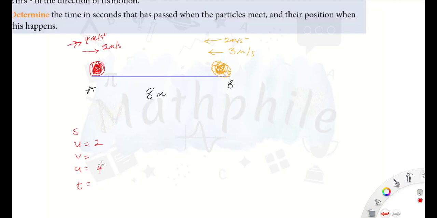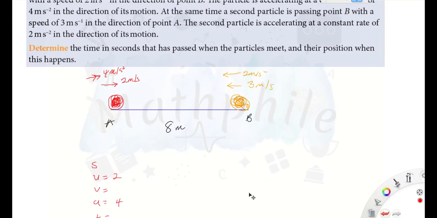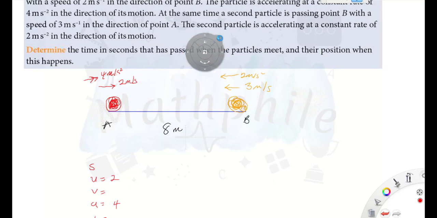If A travels 5 seconds, B would have also traveled 5 seconds. If A has traveled 10 seconds, B would also have traveled 10 seconds. So the time is the same.